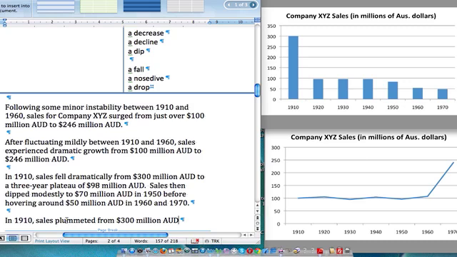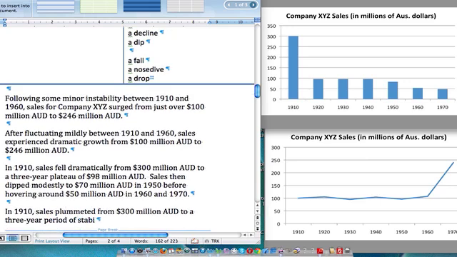If I were to say sales majorly plummeted, it just sounds kind of awkward because plummeted already has the major meaning behind it. Okay, 300 million Australian dollars to a 3-year period. Let's call it this time a period of stability. We called it a plateau last time. Period of stability at 98 million Australian dollars.